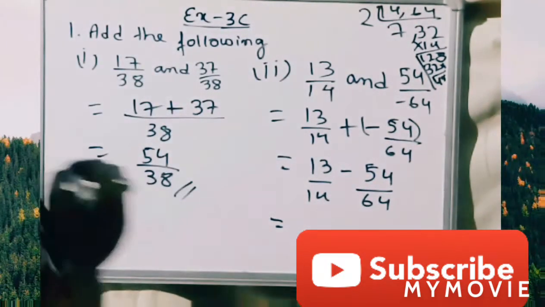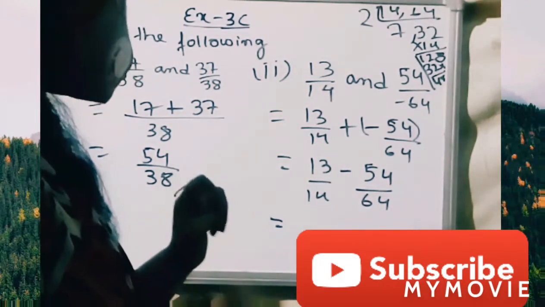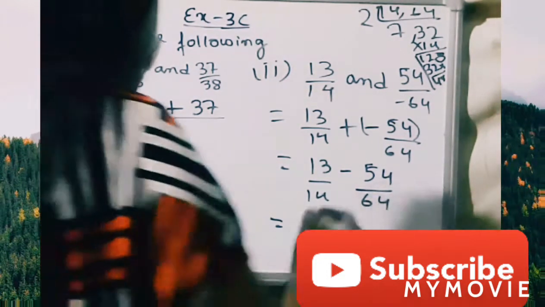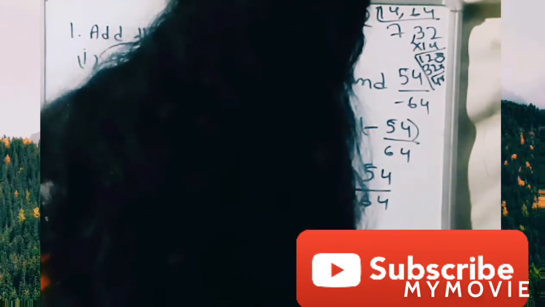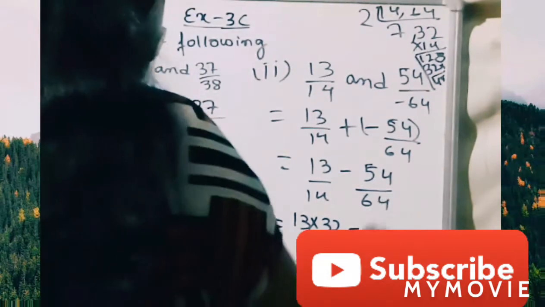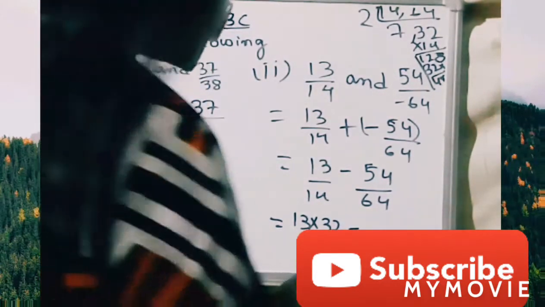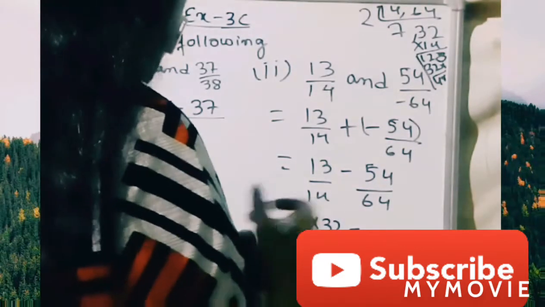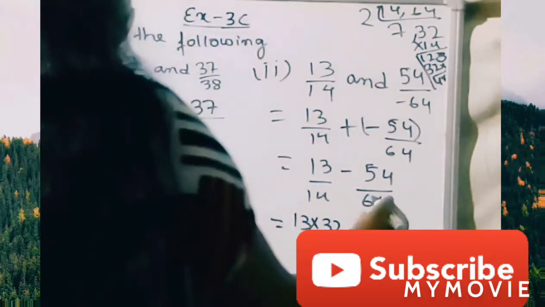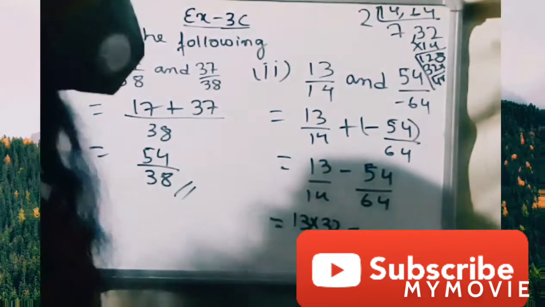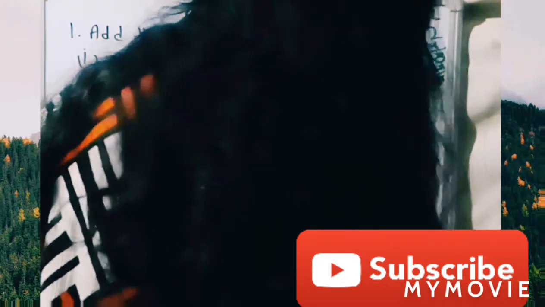Now 14 into 32 is 448, 14 into 2 is 28, so this 13 will be multiplied with 32. Again, 64 into 7 is 448, and 54 into 7.